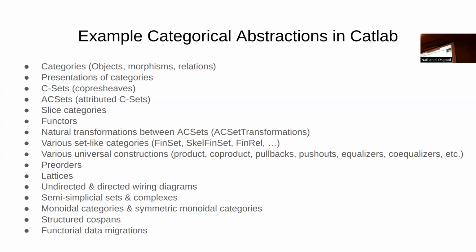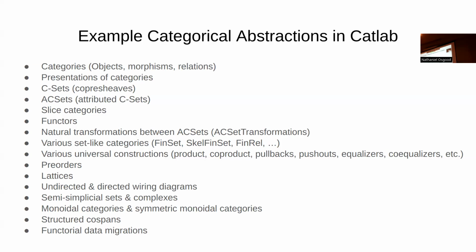But also more derived structures, things like slice categories, for example, which allow us to take a category and incorporate some extra information in it that can allow us to reason about certain types of structure-preserving mappings within a given category, mappings that preserve certain maps to certain objects in that category.